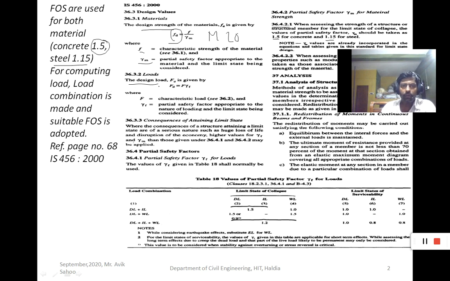Now for the design load, the actual load that comes to a structure is multiplied with the load factor, where gamma suffix F is called the partial safety factor appropriate to the nature of loading and the limit state being considered.